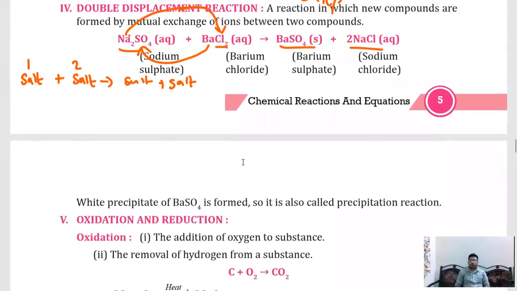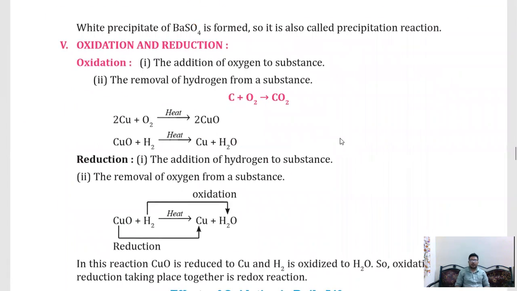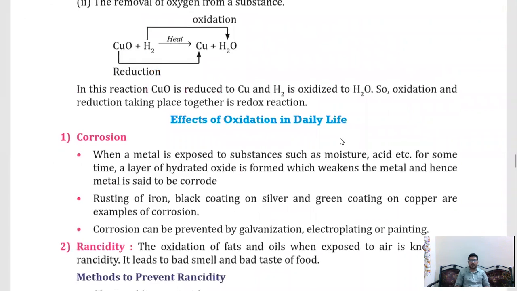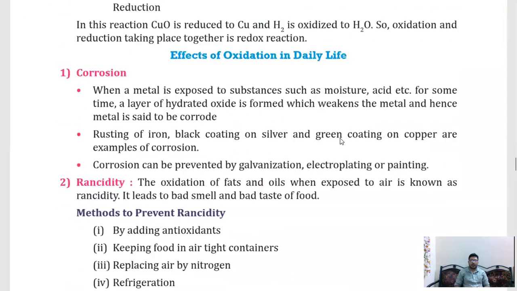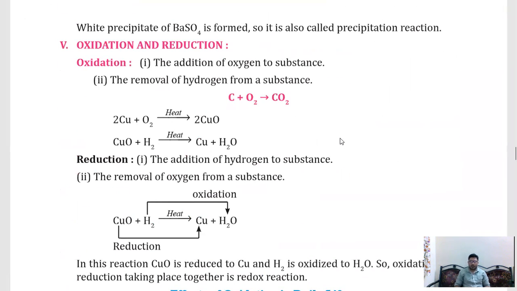So at last we came to the last topic, that is oxidation and reduction, such that we can wind it up. What is meant by oxidation? You see, the addition of oxygen to a substance. Whenever you see a chemical reaction in which oxygen is added to the substance, for example, copper plus oxygen.